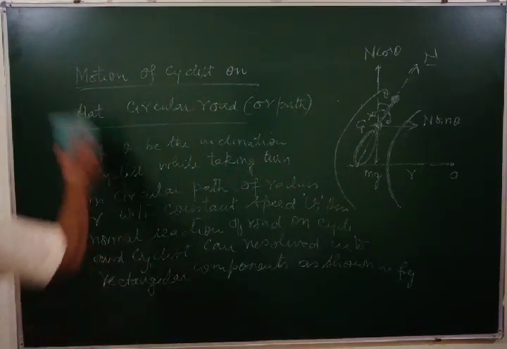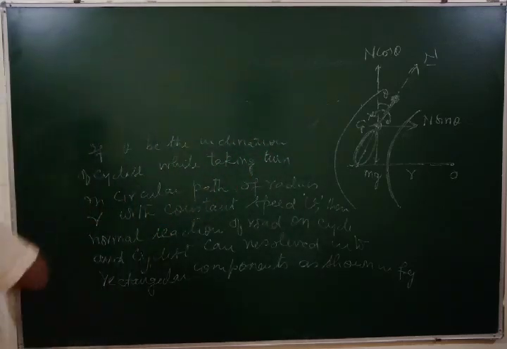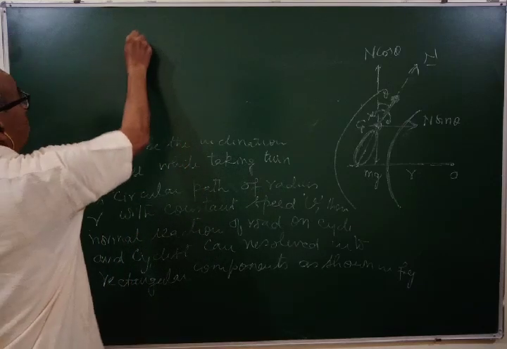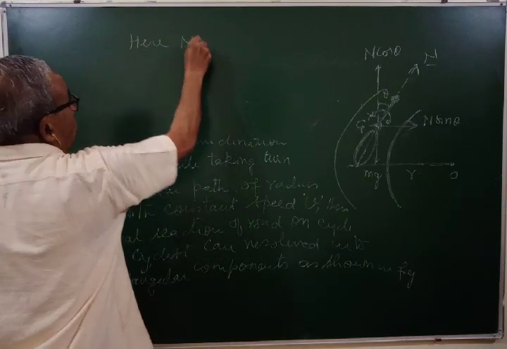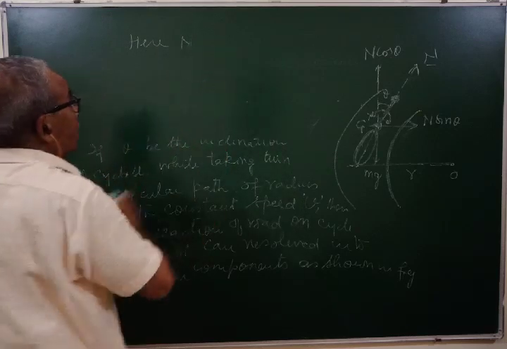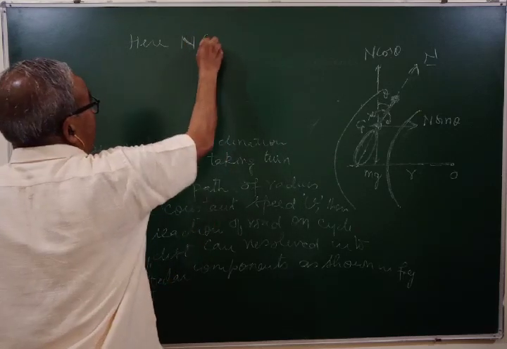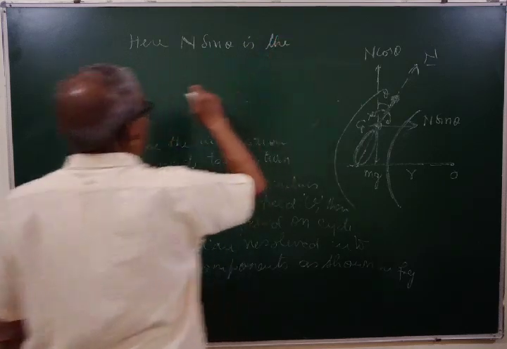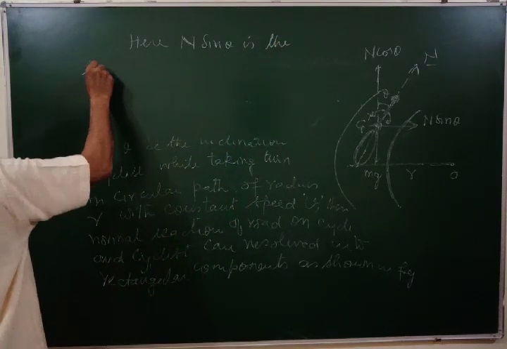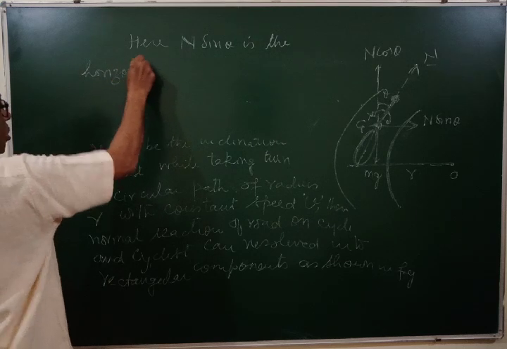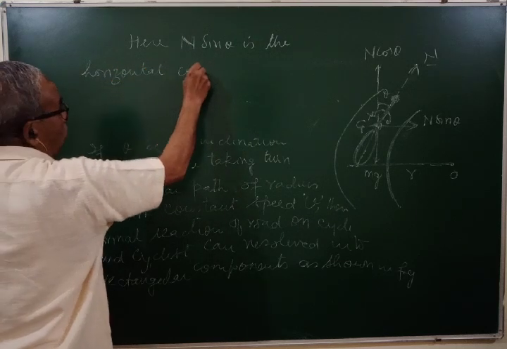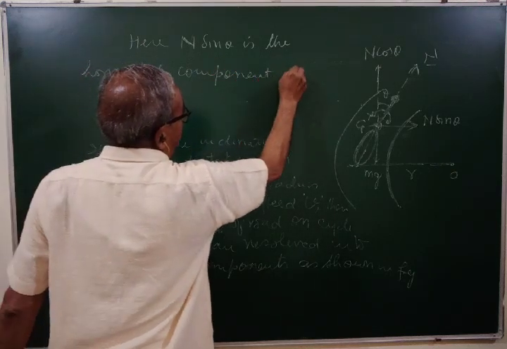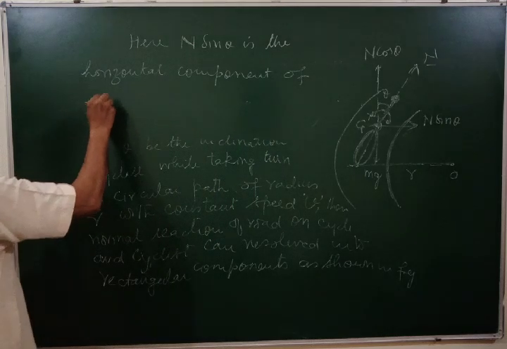Here N sin theta is the horizontal component of normal reaction.